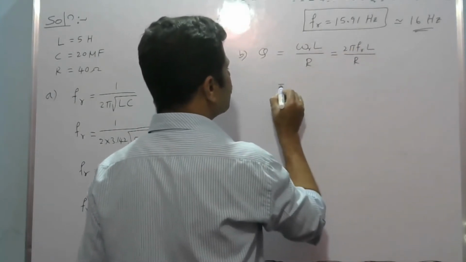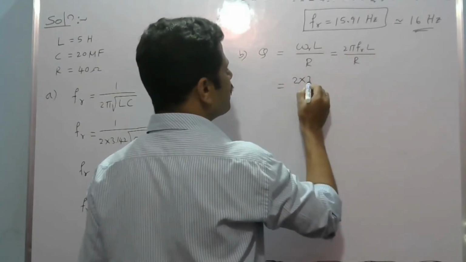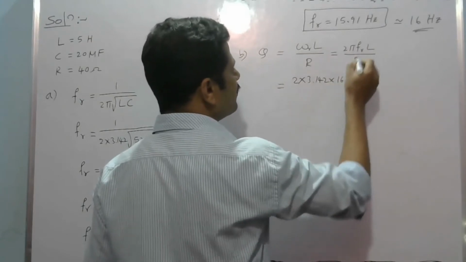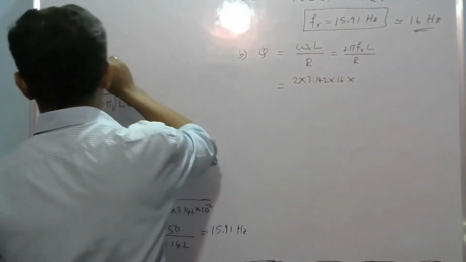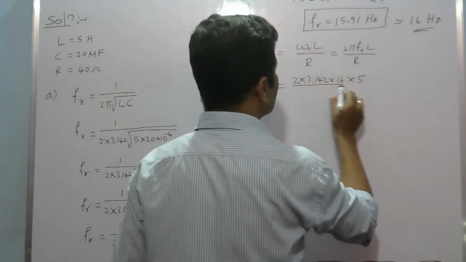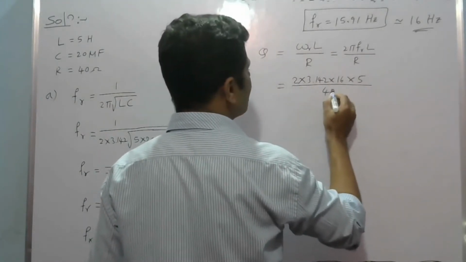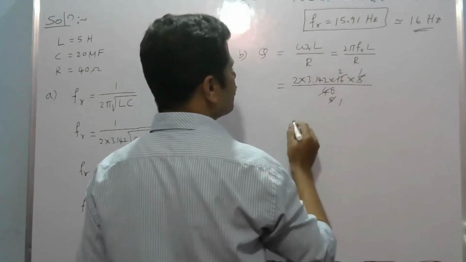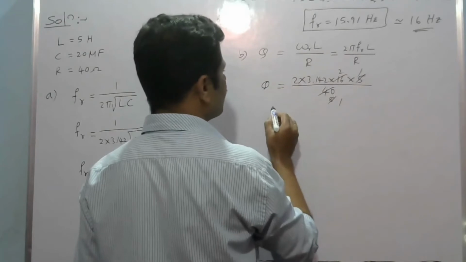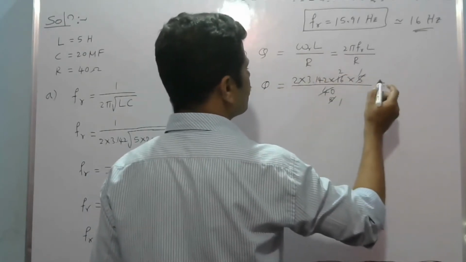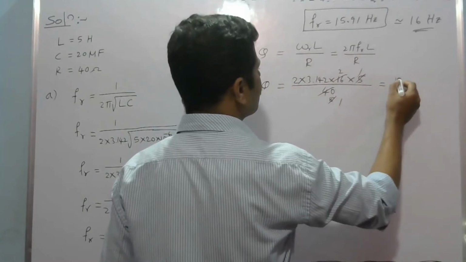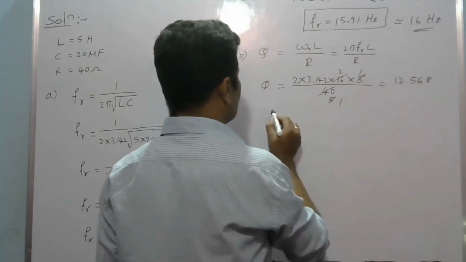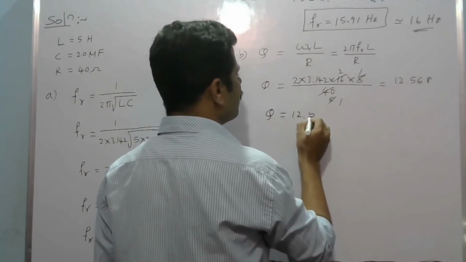So substituting the values, we get 2 into 3.142 into the frequency, 16, into L, where L equals 5 Henry, divided by the resistance 40. So the quality factor equals 12.568.